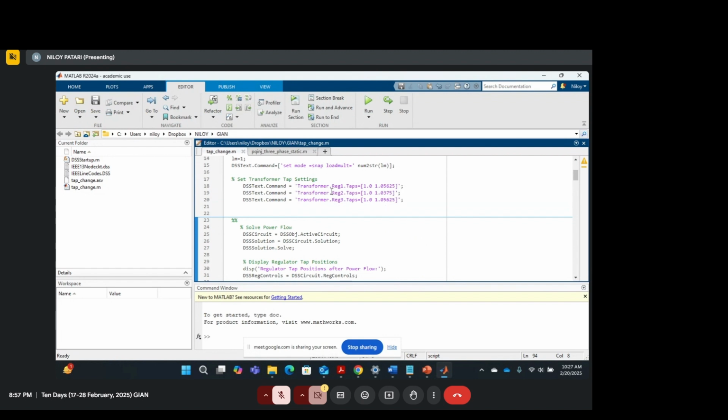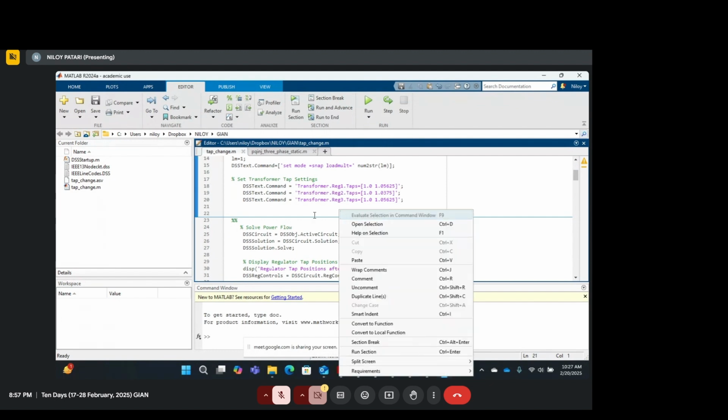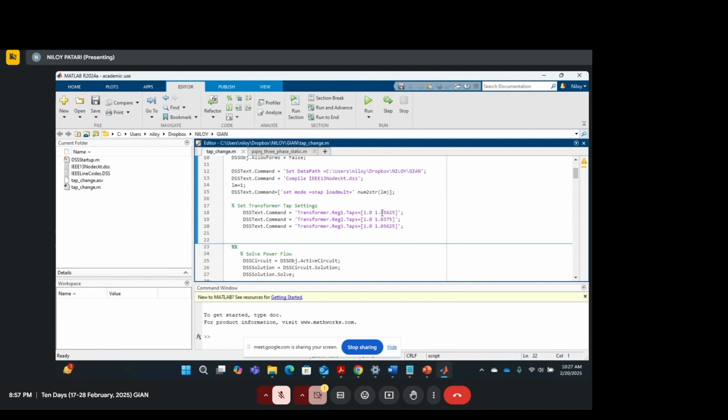If you do that, it fixes the regulator tap settings. Now, if I run this, it will go into this particular folder, look into the IEEE 13 node circuit.dss, and fix the regulator tap settings right here.